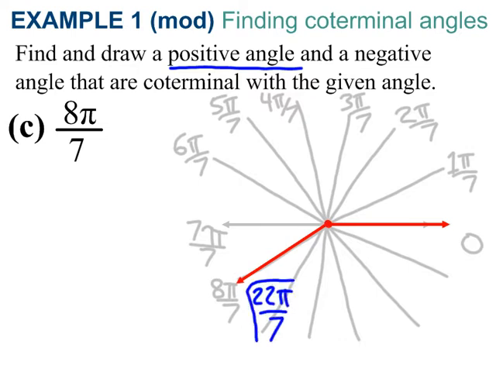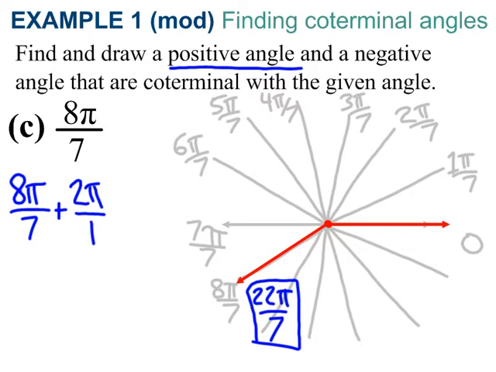This is a coterminal angle, and similar to what we did in the last case, I can look at it from an arithmetic perspective and say that if I take 8 pi over 7 and add a full 2 pi radians, that would give me a coterminal angle.